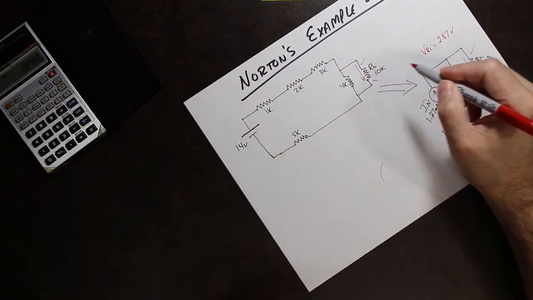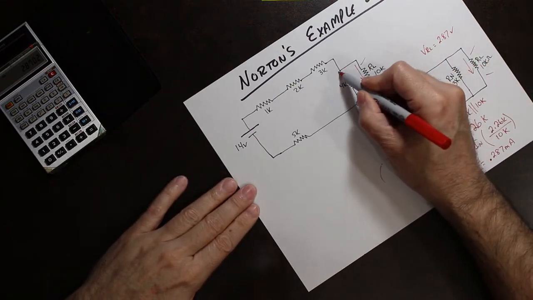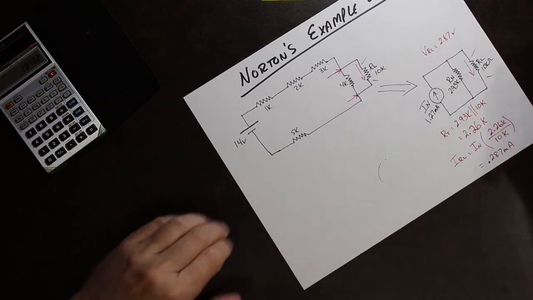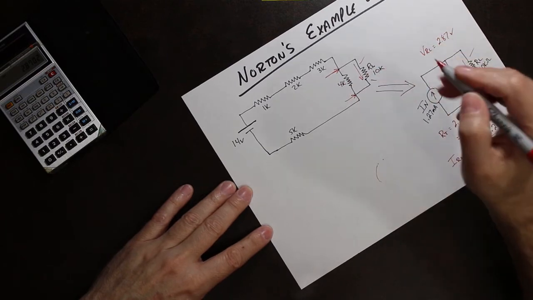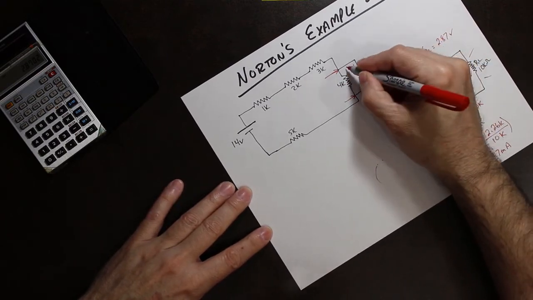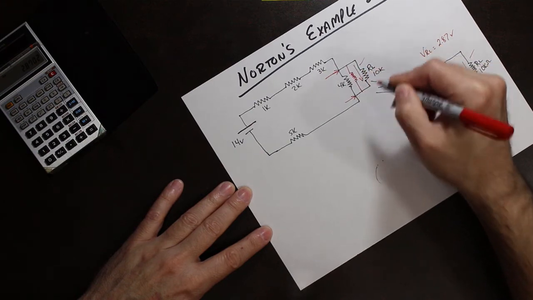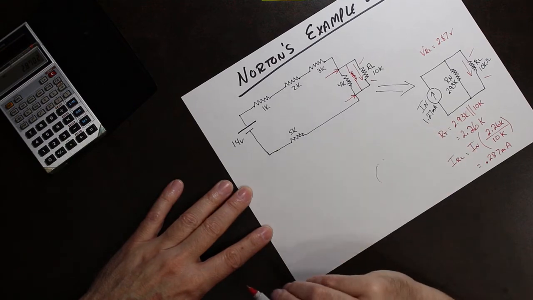So we can actually use the voltage divider very simply to figure out what the voltage is in that circuit. The first thing we need to do is figure out what 4K in parallel with 10K is and replace it with an equivalent resistor right there.